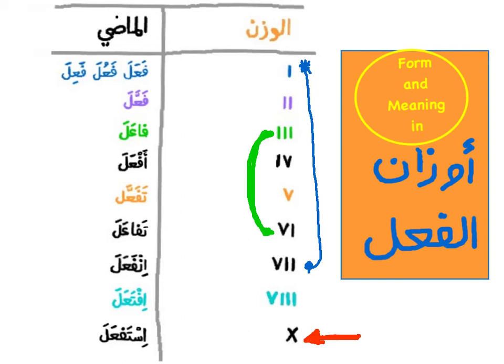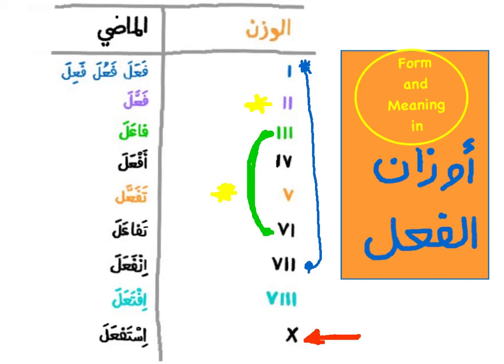Another way awzan may be related to each other is form, not only meaning. Here we have form 2 and 5, وزن اثنين وخمسة. They both have shaddas. They may not relate to each other in meaning, but they have one thing in common, which is that shadda makes the meaning of the verb intensified, gives more extension to the meaning.